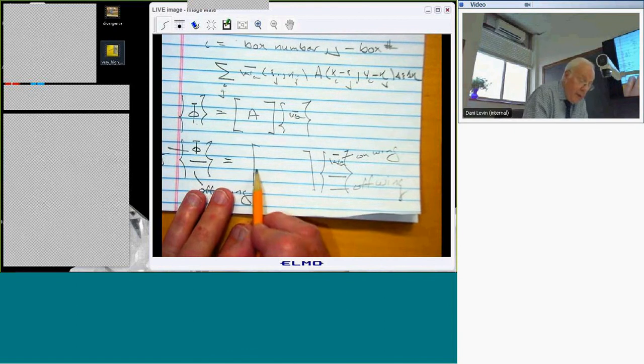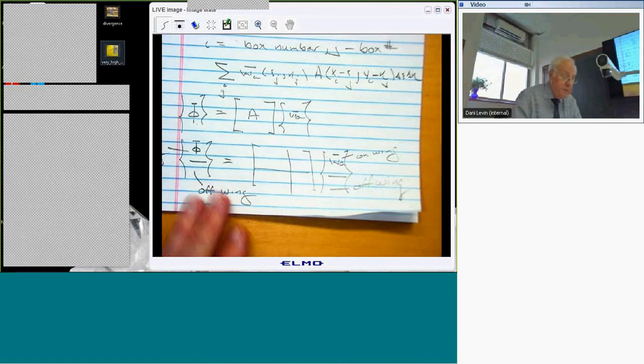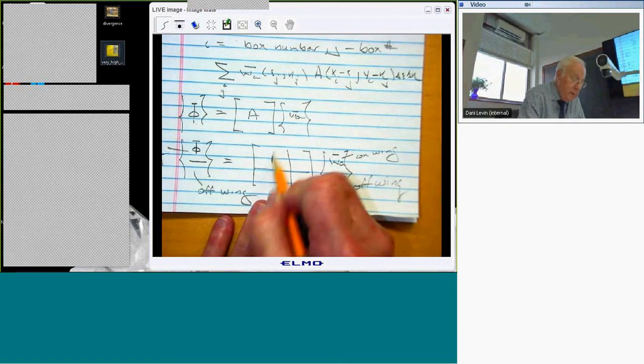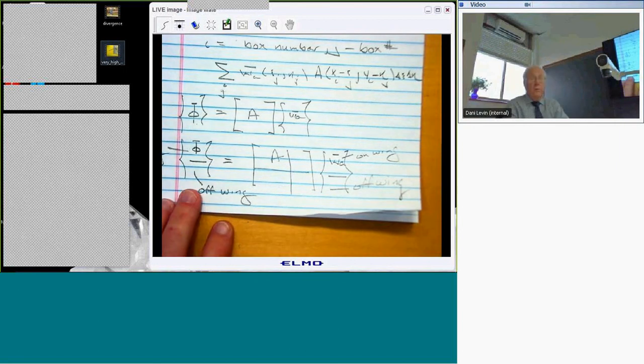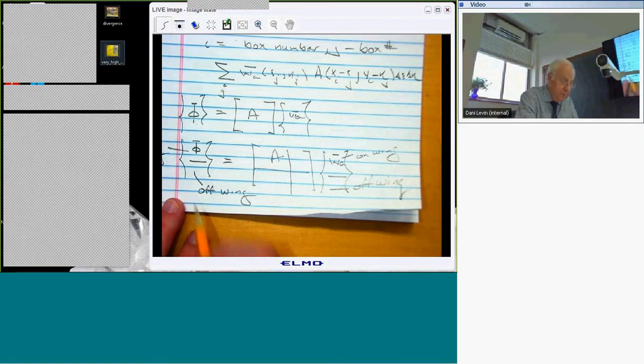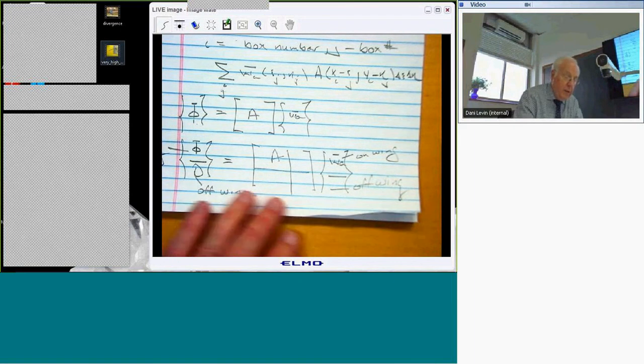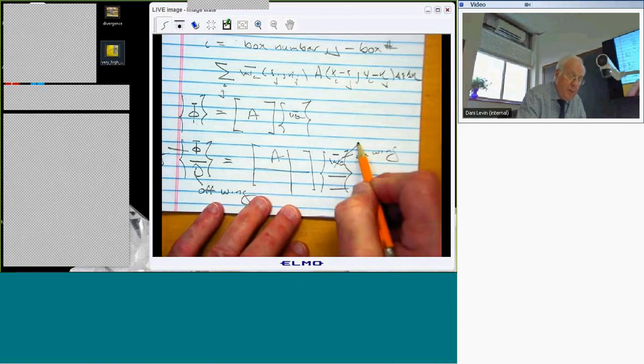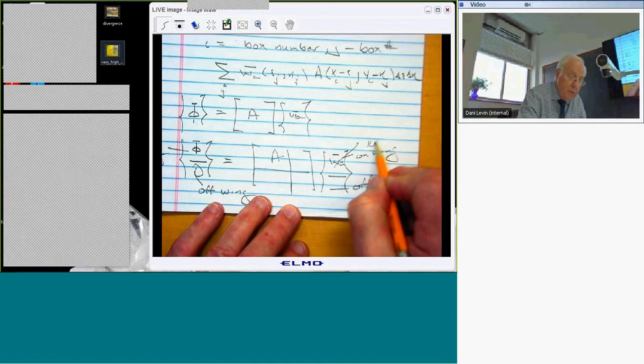This is A. Now, over here, off the wing, I know that the phi bars are 0. And over here, I know the W bars on the wing. These are known. But these are unknown.